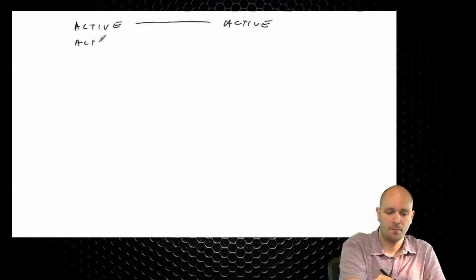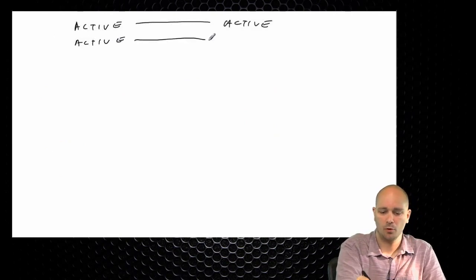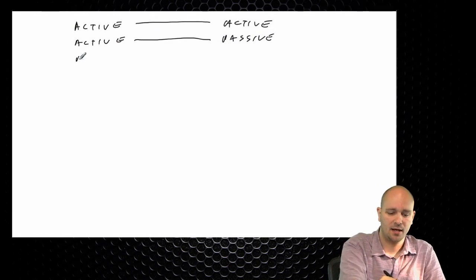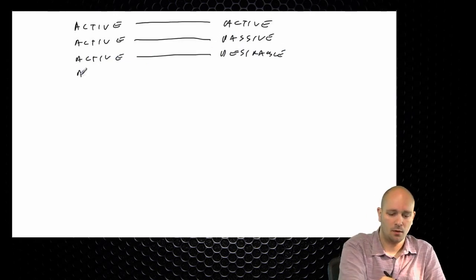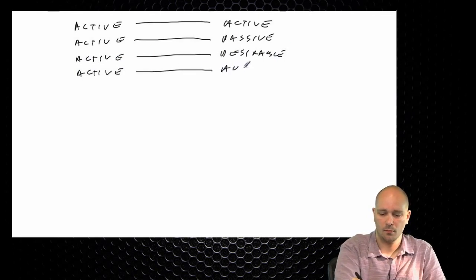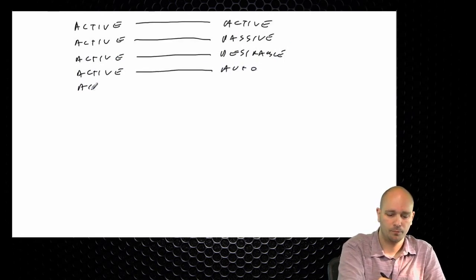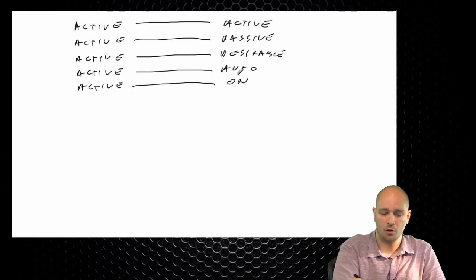Then I can have active on one side and passive on the other side. I can have active, desirable, active, auto, active, on.